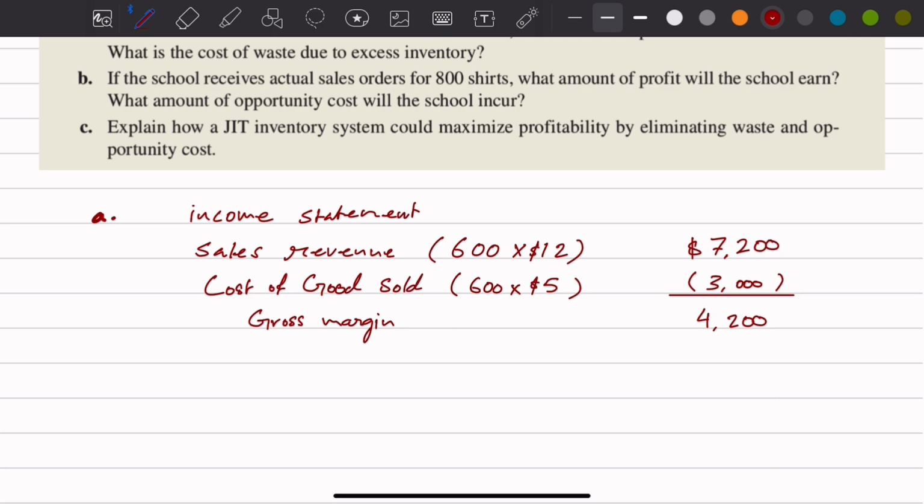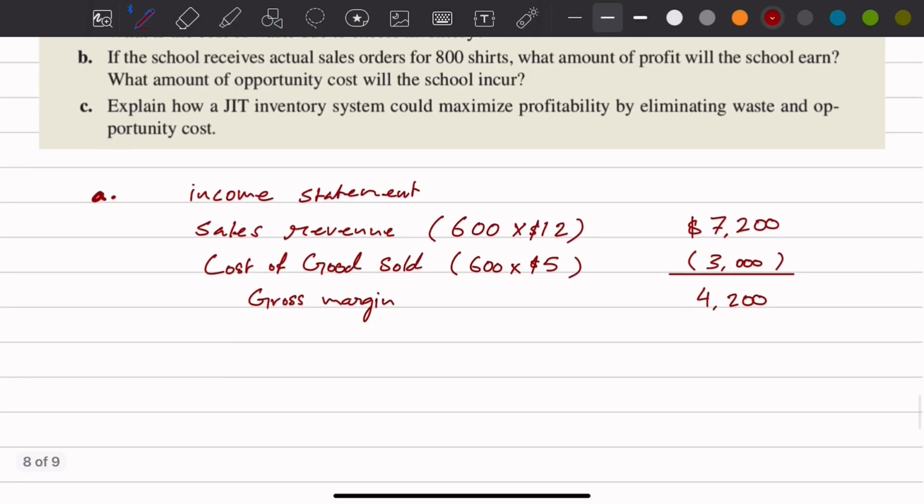Okay. In addition, we're going to also include the cost of waste, because the remaining inventory that they have, they're not going to hold this inventory and sell it in the next year's event, right? The question told us that whatever was left over, they donated to a charitable organization. So the cost of these t-shirts that were left over, we can record here as a cost of waste, right?